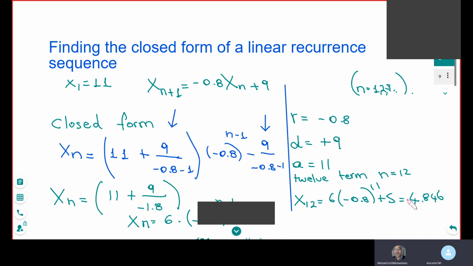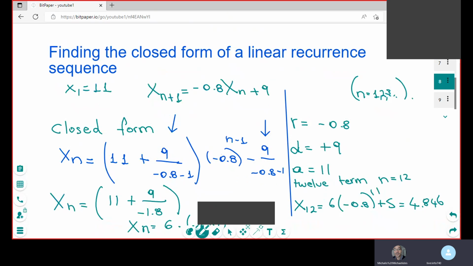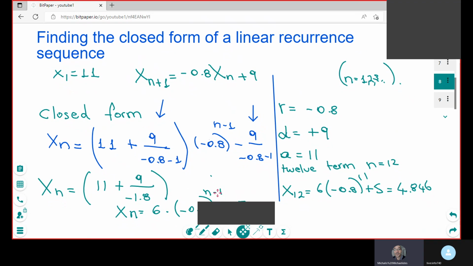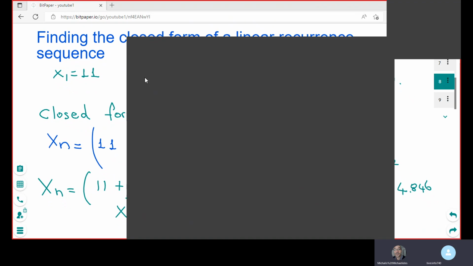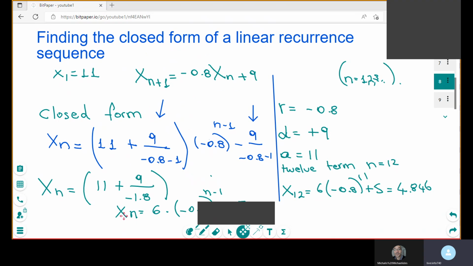And in case they ask what is the long-term behavior of the sequence, for example, what is the value of the term when n goes to very big numbers, is a possible question. All you need to do is to examine the bracket to the power of n term.